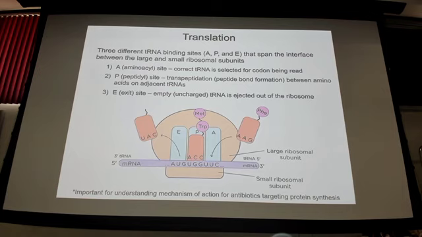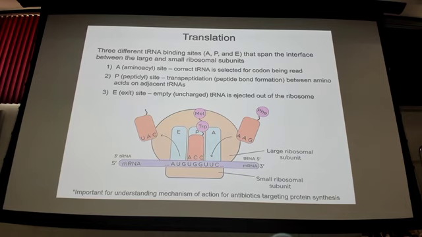The 30S ribosomal subunit has a different function. If you think about it like your hands, the 30S would be the hand that's holding the mRNA. Here's your mRNA, here's your 30S subunit. It's going to seat right there and read the mRNA.